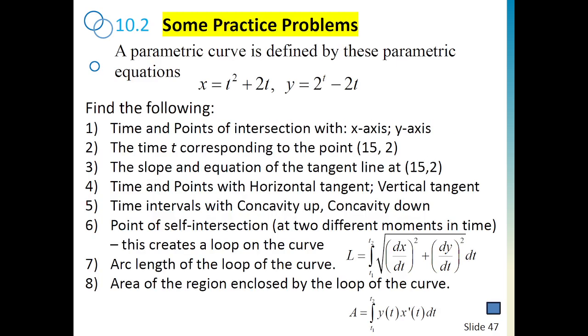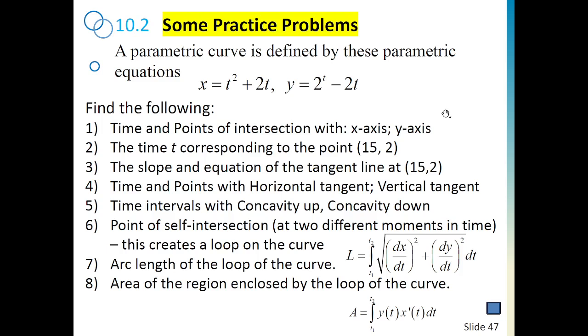Now, an example, which is maybe an artificial example, because in no exam of ours will we have all of these questions, and you will see why, because some pieces are very heavy in computation. So let's say we have a parametric curve described by these two parametric equations, and now we want to find everything we have been talking about.